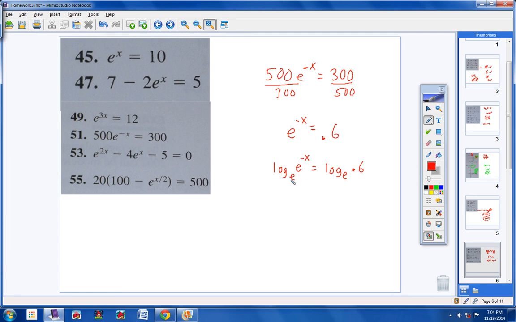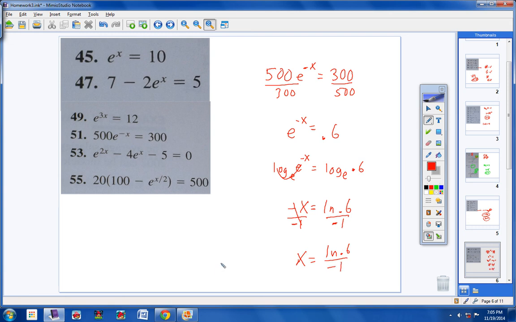Okay, your base matches your base. Cross those off. Negative x equals natural log of 0.6. Now divide both sides by negative 1. X equals natural log of 0.6 over negative 1.